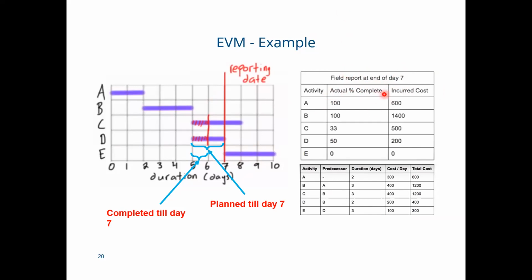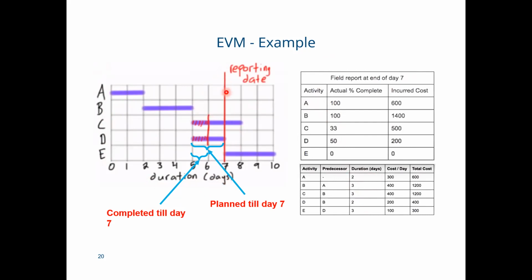But just have a look at this report, right? After 7 days, the y-axis shows the activities, and here we have the duration in days. Activity A is planned for 2 days, and this is the 7th day.